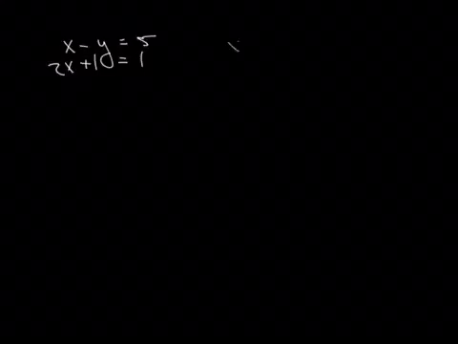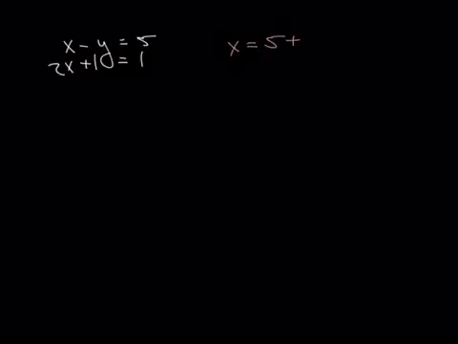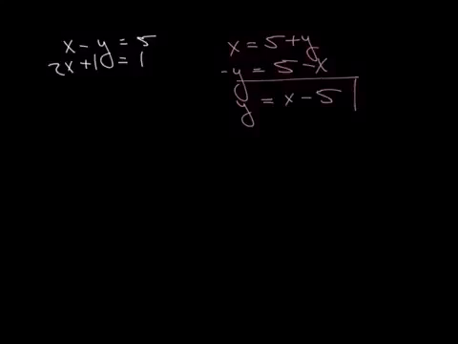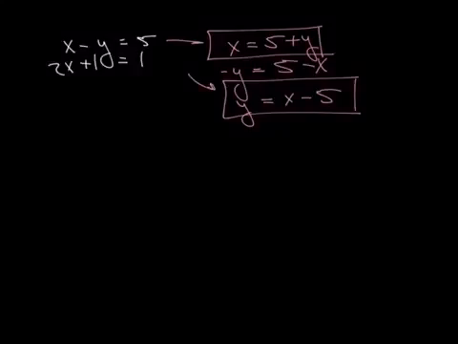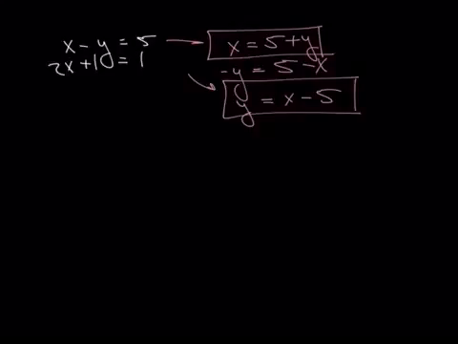You could say x equals 5 plus y, or you could say negative y equals 5 minus x, and then change the sign to that. So you could use this, or you could use this. It doesn't matter. But this one was the simpler way, and this one was the more complex way. So if you decide to go with the simpler way, x equals 5 plus y, then life is a little bit easier.